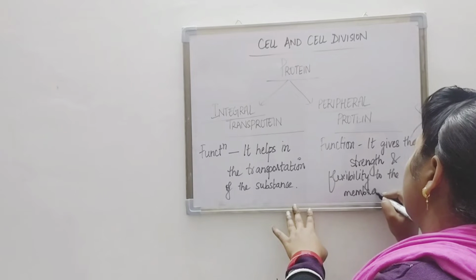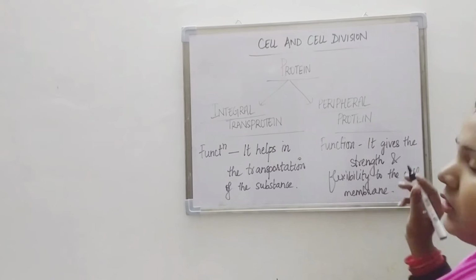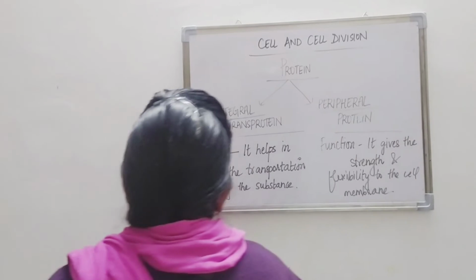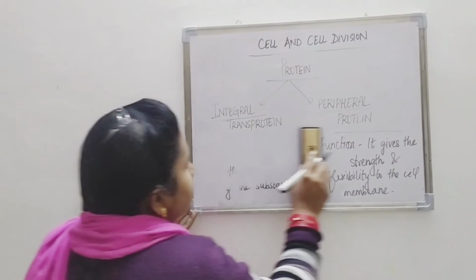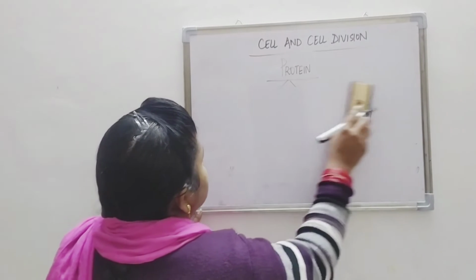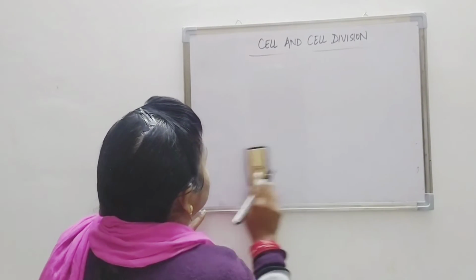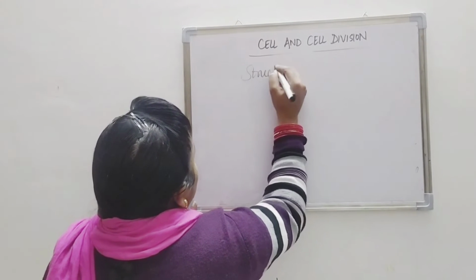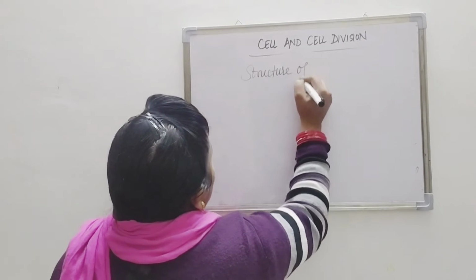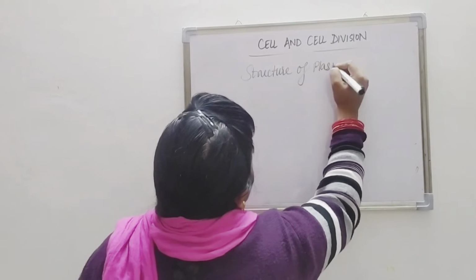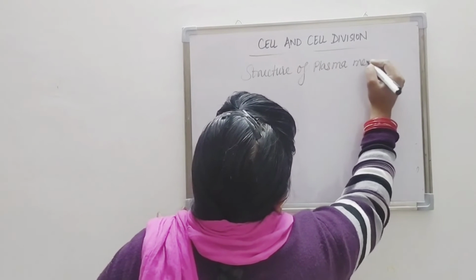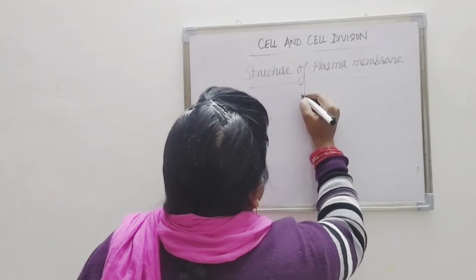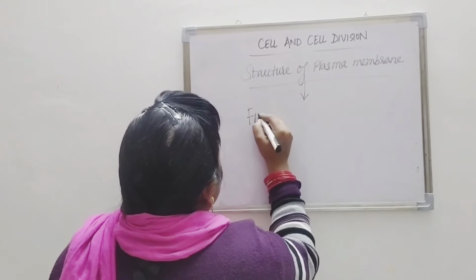So this type of structure of the plasma membrane is called the fluid mosaic model.